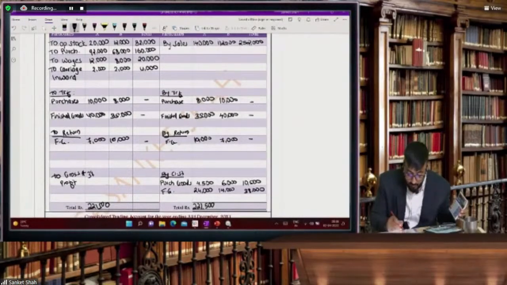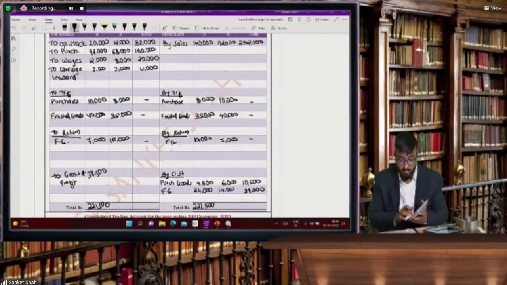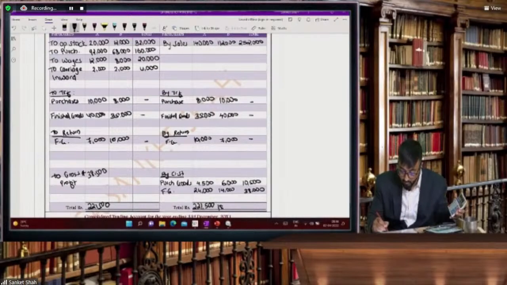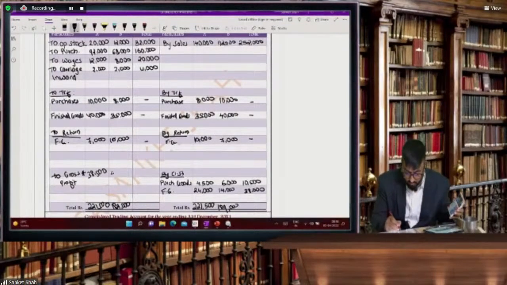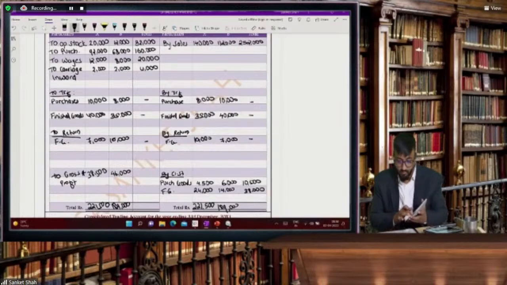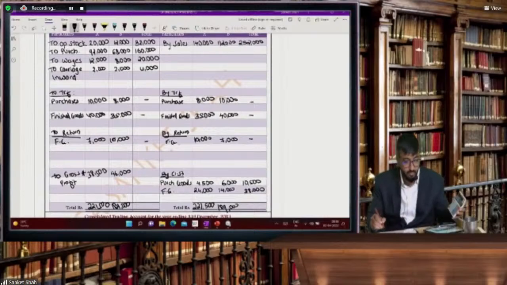Second one, do it quickly. 1,89,000 minus 12 minus 68 minus 8 minus 2 minus 8 minus 35 minus 10. 46,000. 252. 300, 500.